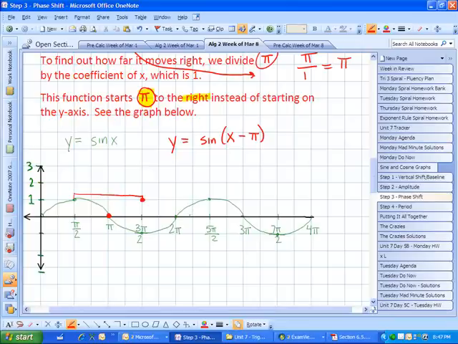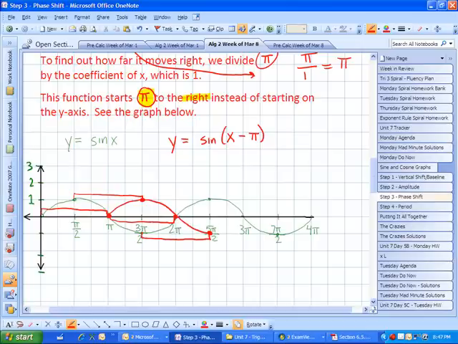The general shape will be the same. If you notice, every point is moving pi over, or just pi to the right. So now that is there. This point here moved pi to the right, so it's there. This point down here moved pi to the right, so it's right here.